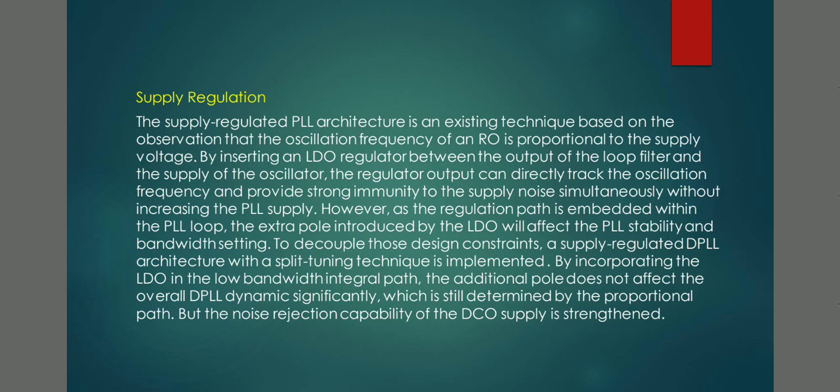The regulator output can directly track the oscillation frequency and provide strong immunity to the supply noise simultaneously without increasing the PLL supply. However, as the regulation path is embedded within the PLL loop, the extra pole introduced by the LDO will affect the PLL stability and bandwidth setting.